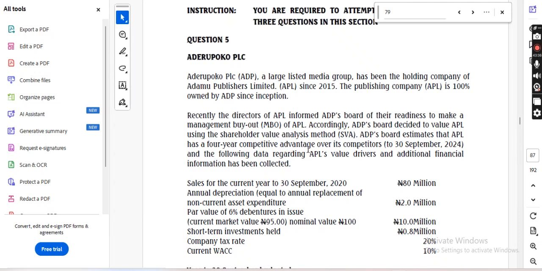And don't forget, they say it has been the holding company of Adamu Publishers Limited. So it could be that ADP is the parent and Adamu is the publisher, right? Which could be part of the unit, could be a subsidiary company. Then whereby ADP now owns all 100% shares in what? In APL, right? Now what happened? Go ahead, please.